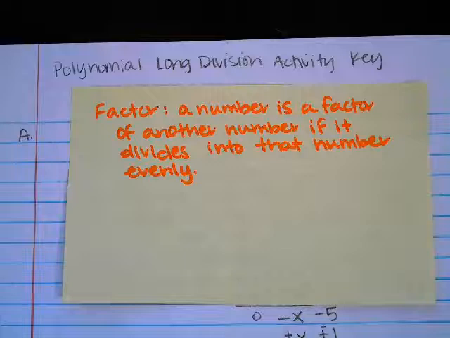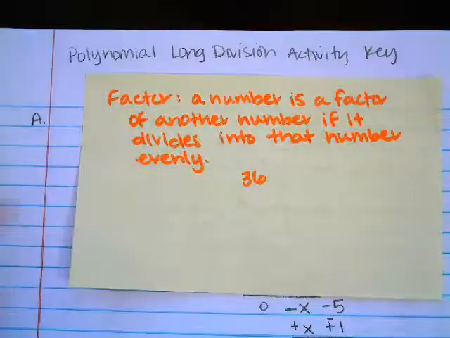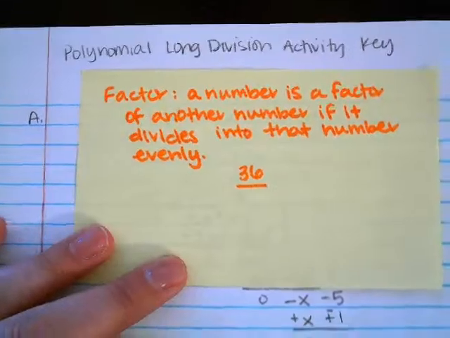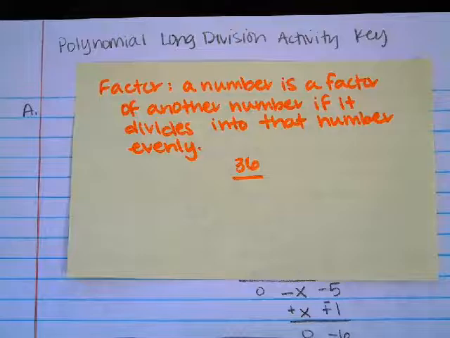Okay? So we're going to use a number. Again, you're just writing this in the margin. So I'm going to think of the number 36. And let's think of some factors of 36.